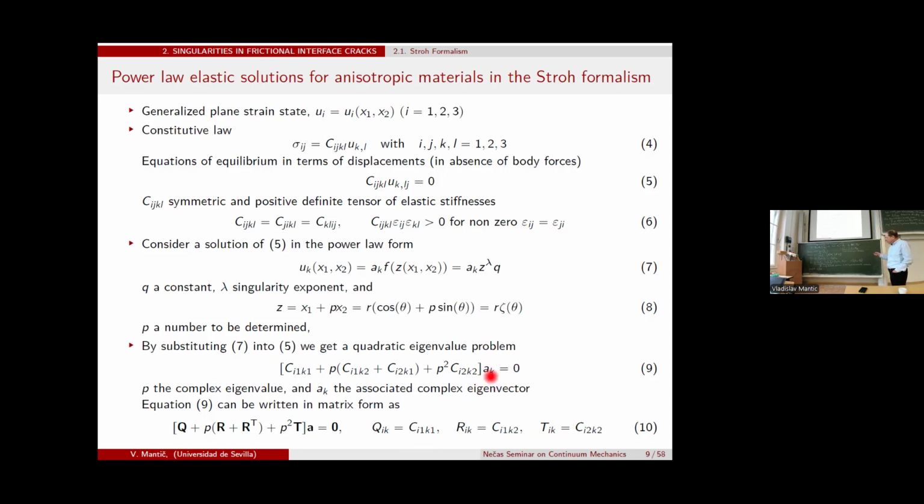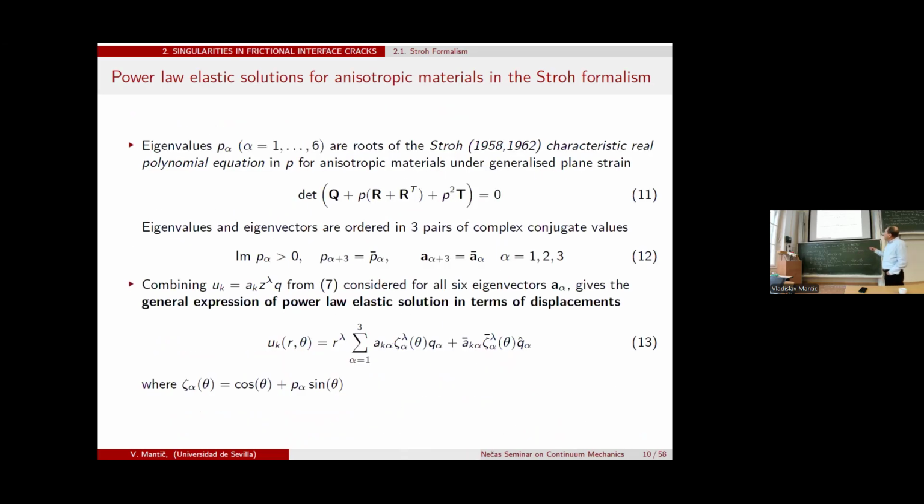We can write this eigenvalue problem in this form, where U and D are quite relevant tensors in wave problems in solid mechanics. To solve this problem, we need to solve the Stroh characteristic polynomial equation. It's a polynomial of order 6, which has 3 pairs of complex conjugate values.